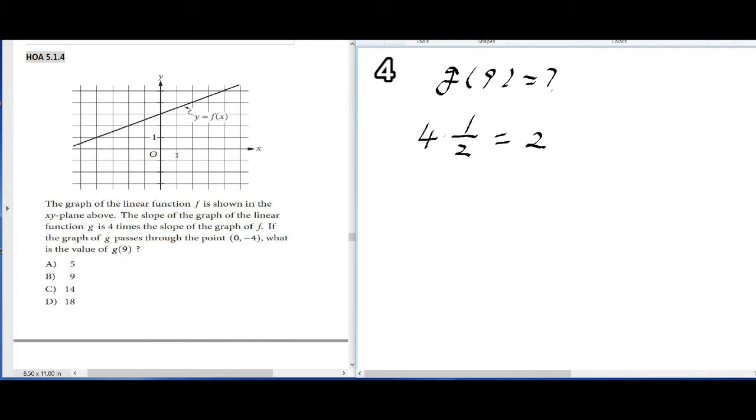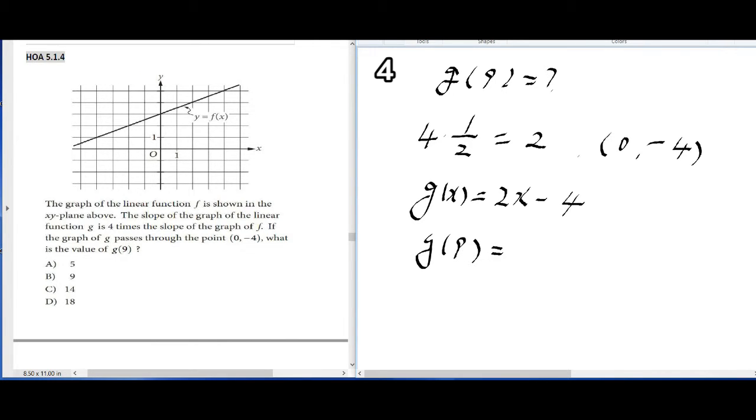Then they gave you another point, 0 comma -4, which is the y-intercept. So you can easily find g of x, which is 2x minus 4. You just plug in 9. So g of 9 is 2 times 9, 18, minus 4, so 14.